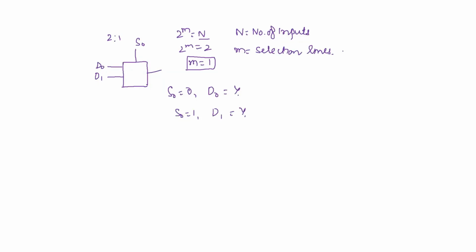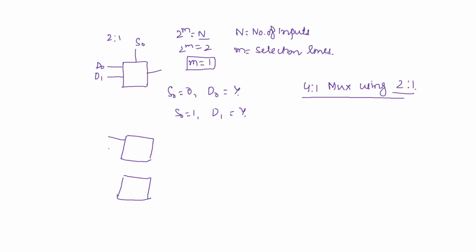Now if I ask you to make a 4 is to 1 mux using 2 is to 1, how are you actually going to do that? The first thing you're supposed to do is, here you can see 4 inputs are there.